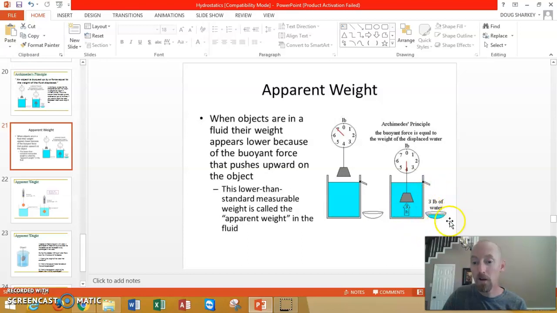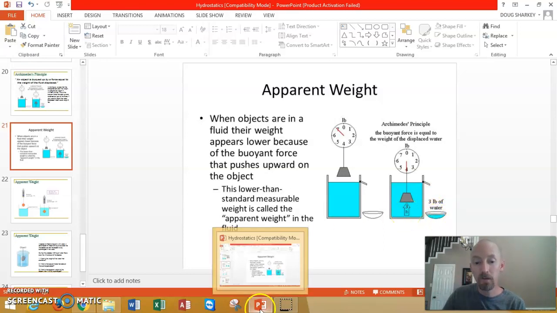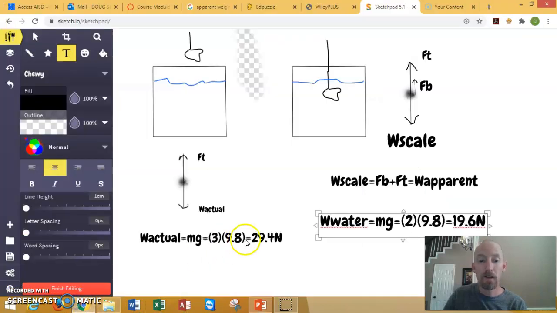So the amount of water that is displaced is equal to the buoyant force. So in our problem, the weight of the water that is displaced is equal to our buoyant force. This is our FB here.